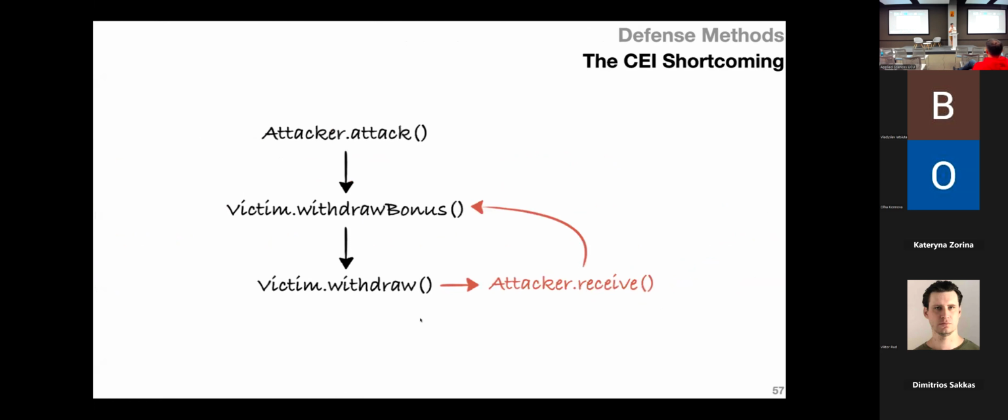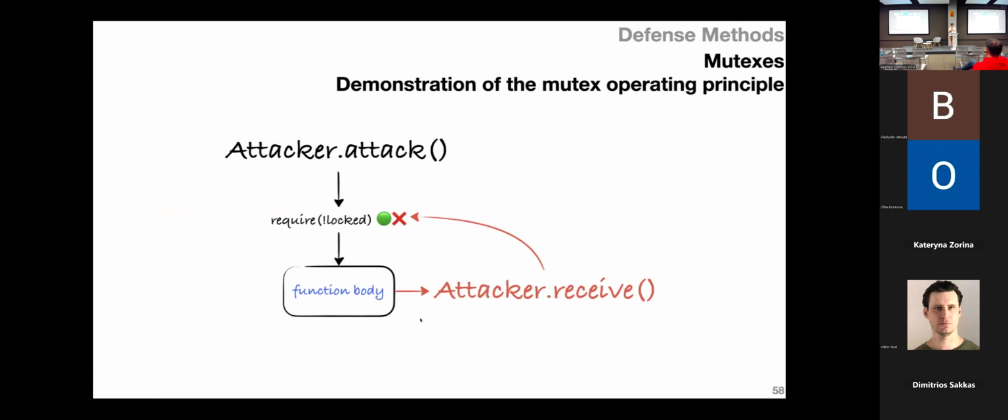Checks-effects-interactions shortcoming: if another vulnerable function within the contract can call a function protected by the checks-effects-interactions pattern, the latter also becomes vulnerable. In this case, it results in cross-function reentrancy.